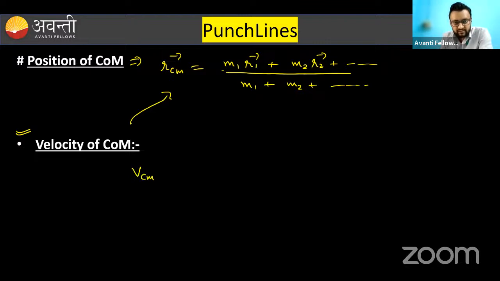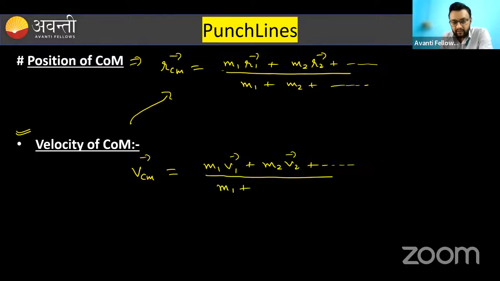Velocity of center of mass is equal to m1 v1 plus m2 v2 plus so on, divided by m1 plus m2 plus so on. Is this thing clear to you? So sometimes you may be asked to calculate the velocity of the center of mass. So you can easily calculate that as well.